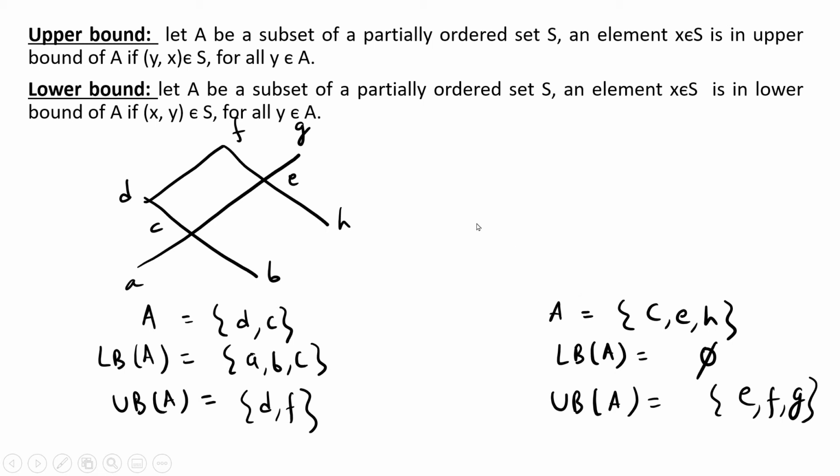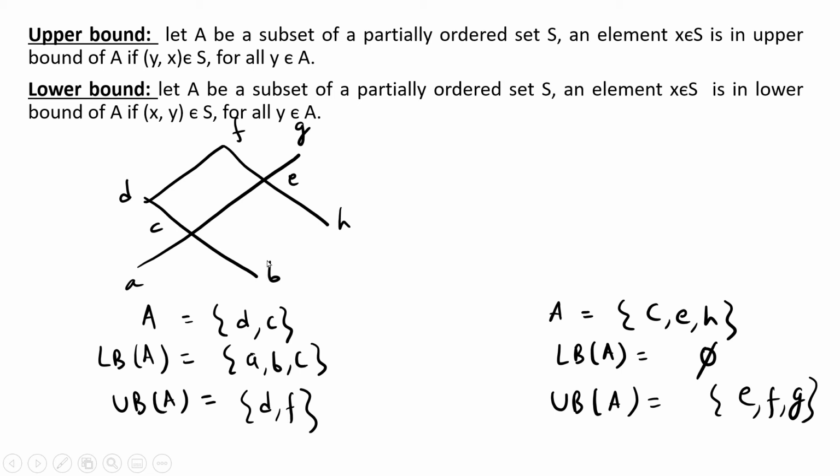So for the lower bound of {C, E, H}: A is related with C, A is related with E, but A is not related with H. So A can't be in the lower bound.